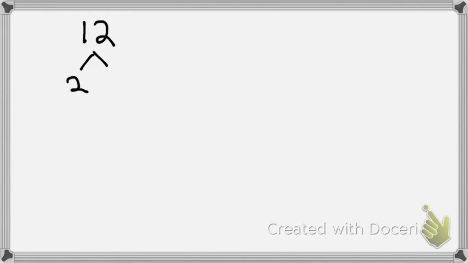12. What we do is we pull out 2 times 6. 6 is 2 times 3. 2 and 3, all prime numbers. 45.